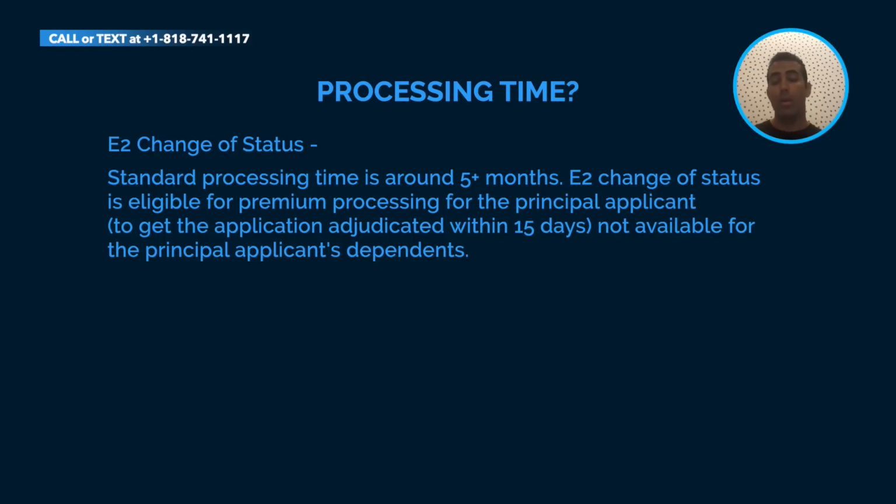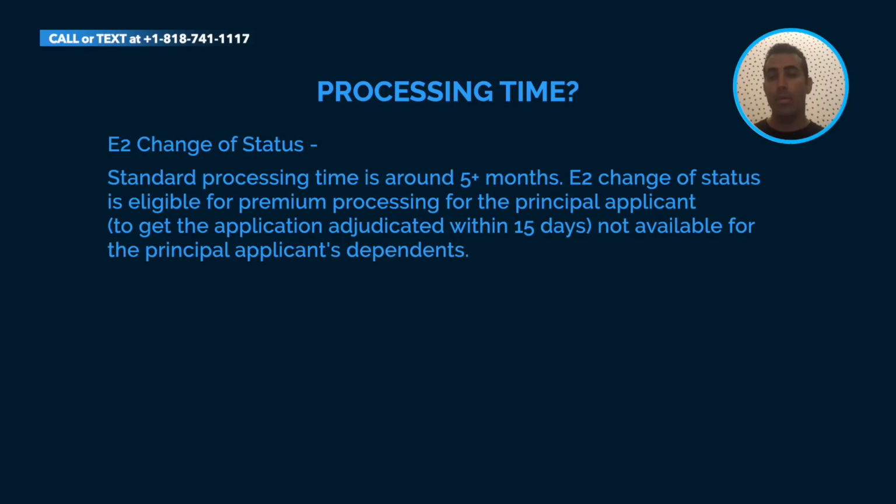So if you get a request for additional evidence, also called an RFE, then that can extend it beyond the 15 days because, of course, you're going to have to get the additional documents that they're requesting of you, and then you have to submit them, and then USCIS will take additional time to review those documents and issue a decision on your case. Just important to note that change of status is eligible for premium processing.